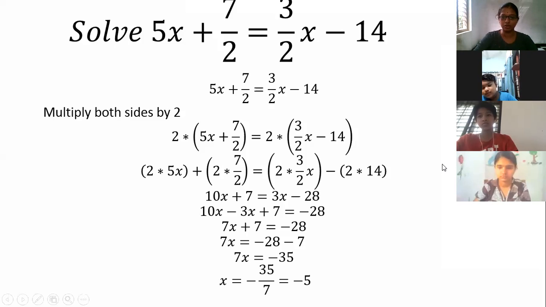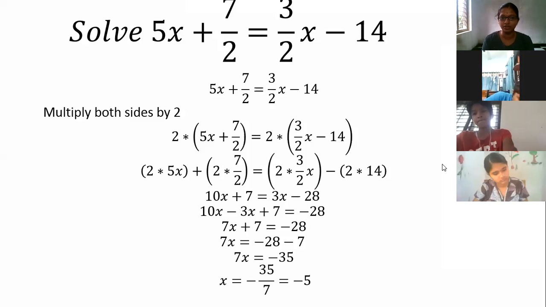Yes, miss. Okay. Then on page number 30, there are some questions. I think there are 10 questions in exercise 2.3. We have to solve the equations and check their results. Okay. Yes, miss. Okay. Then how will you solve an equation having variables on both sides?